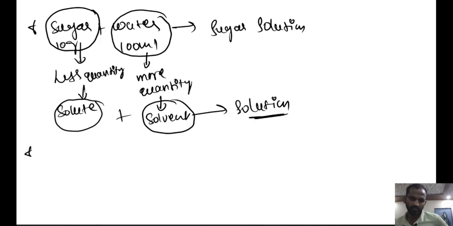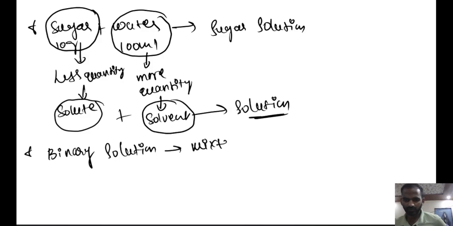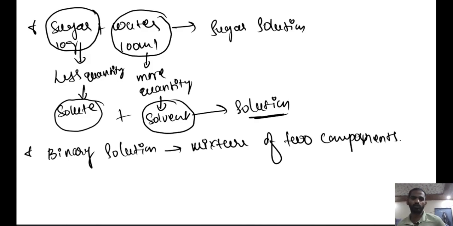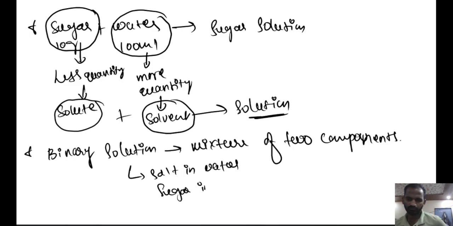Now one more term we will define here, called a binary solution. It is a mixture of only two components. Only two components are called a binary solution. Example: salt in water or sugar in water.